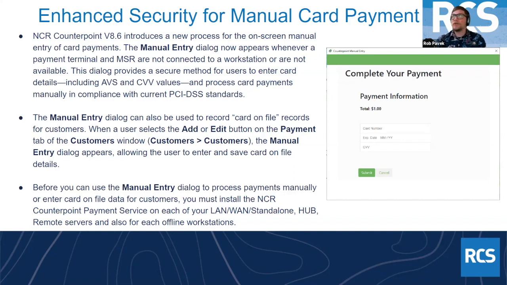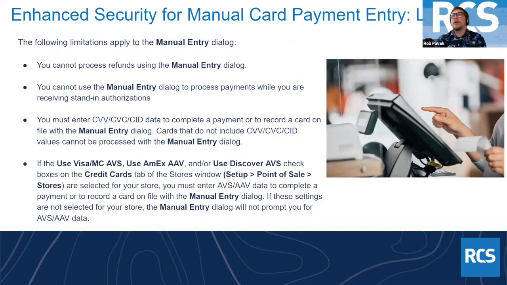So what that goes into, we'll actually go into the next slide and go through the limitations of the manual card entry payment. These are what you cannot do any longer with this module. You cannot process refunds using the manual entry dialog. You cannot use the manual entry dialog to process payments while you're receiving stand-in authorizations, as in store and forward.